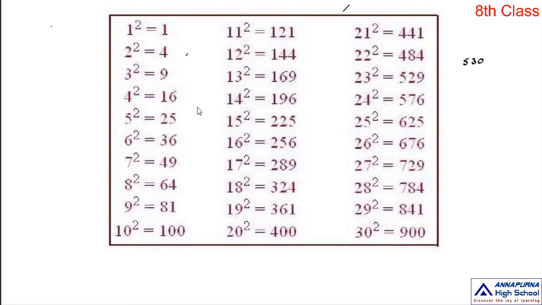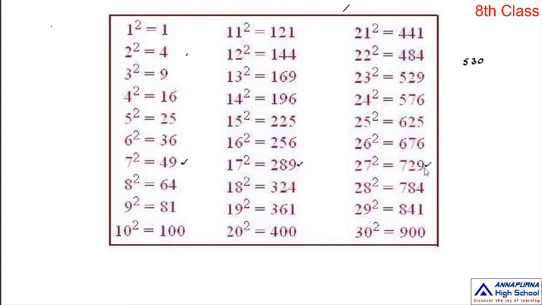No. Any perfect square number ends with 8? No. Any perfect square number ends with 9? Yes, here we have 49 ends with 9, 289 ends with 9, and 729 ends with 9.